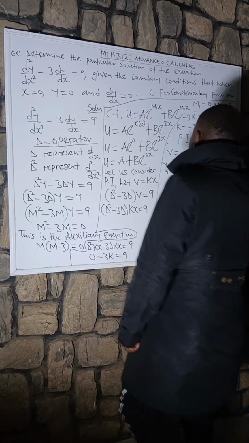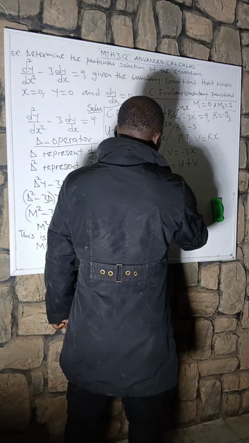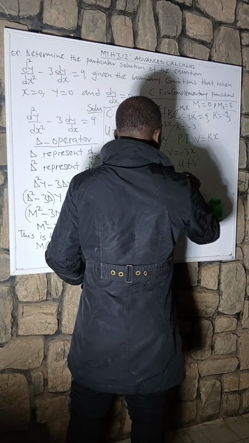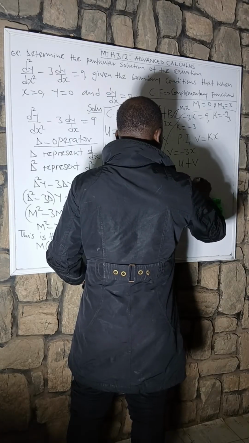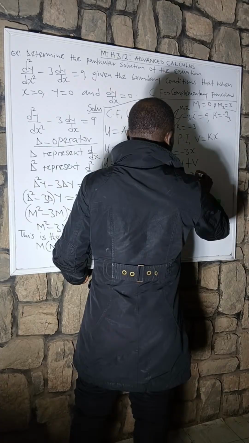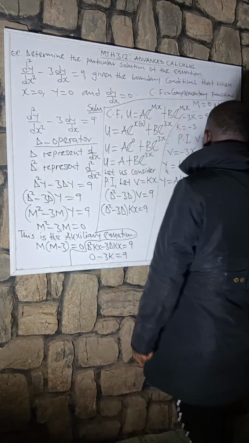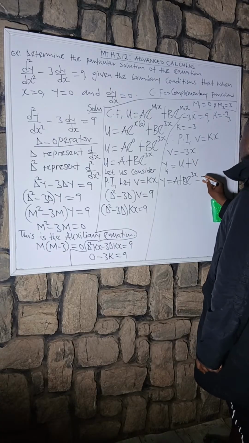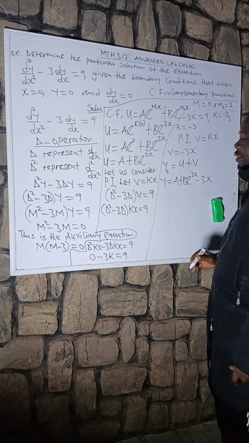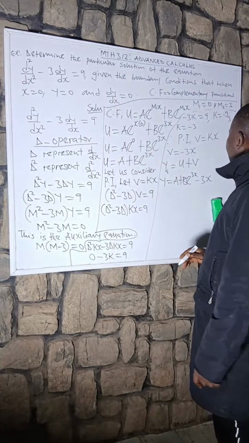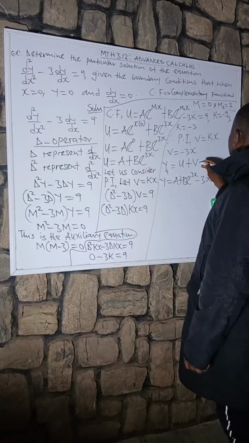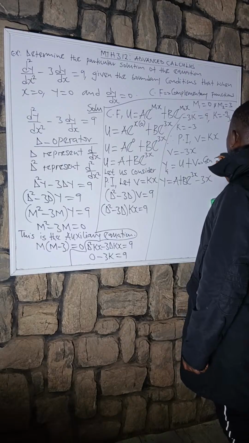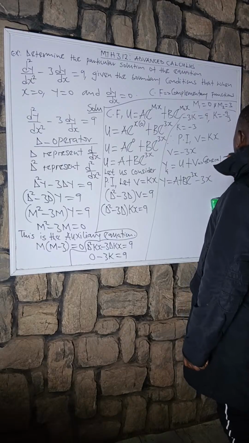So what we need to write is our general solution will now be y equals to a plus b exponential 3x, then our v is equals to minus 3x. Can you see now? So this is our general solution.